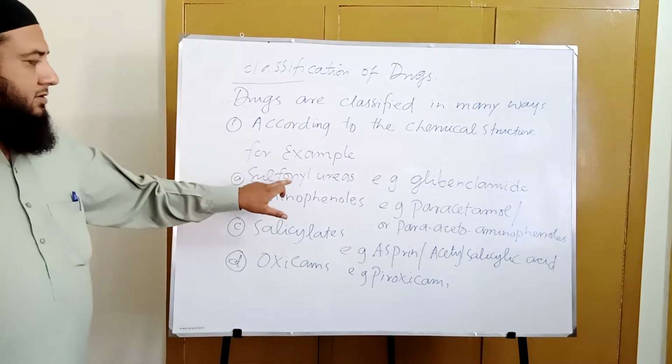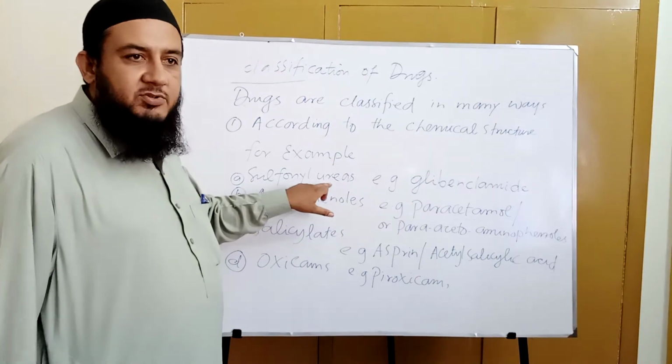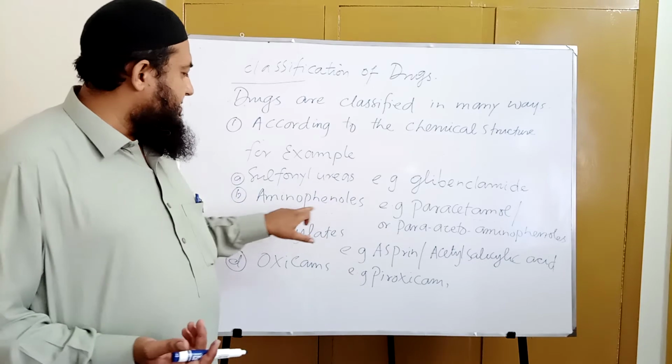So, according to the chemical structure, there are sulfonyl ureas, used for the treatment of diabetes mellitus.